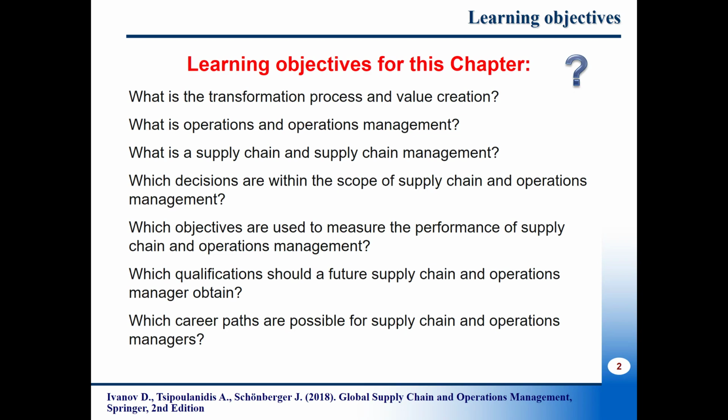And the next question is about which objectives are used to measure the performance of supply chain and operations management. Depending on the decisions, for instance, how much to deliver or distribute, that is one decision of supply chain.